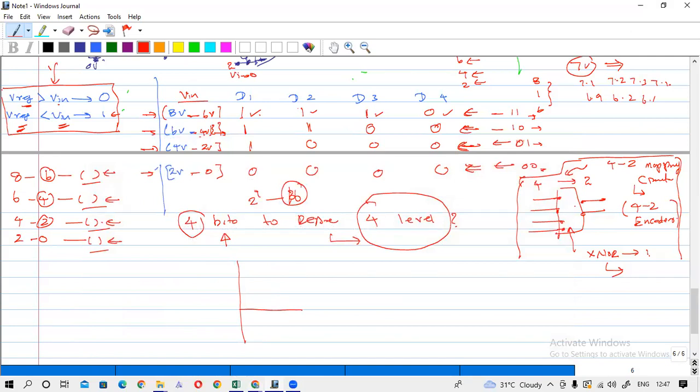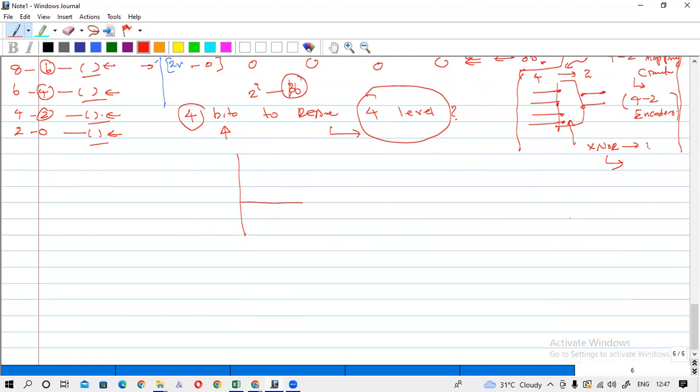So you can construct the truth table. You have 4 inputs and you have 2 outputs. For the 2 outputs, you can construct the truth table and you can construct the logic circuits. So that is it. So what happened here?